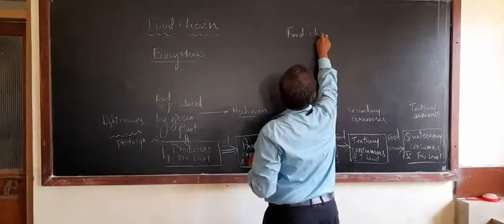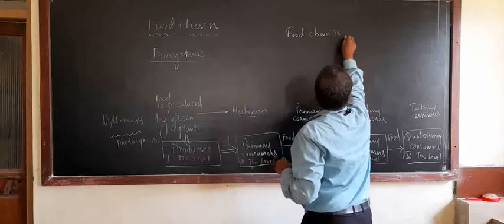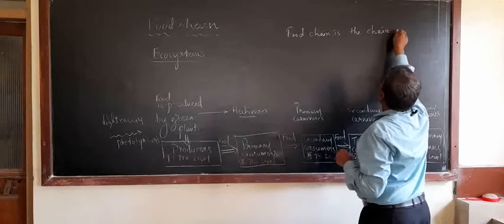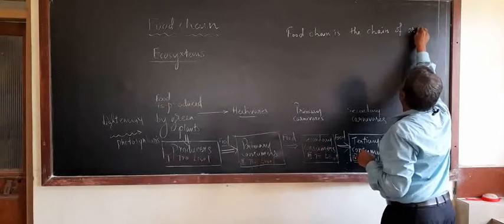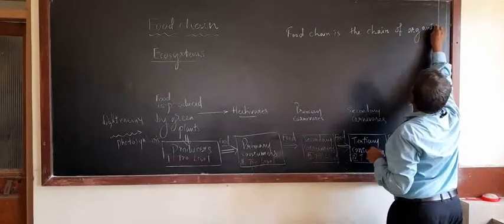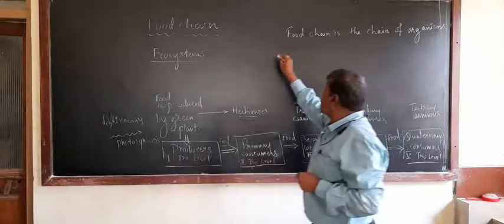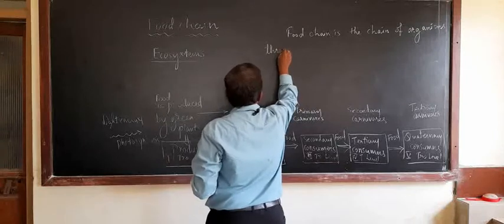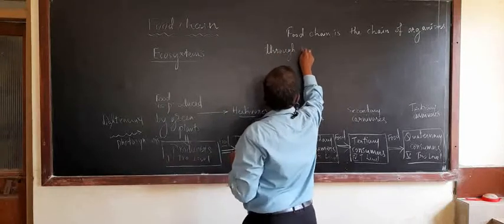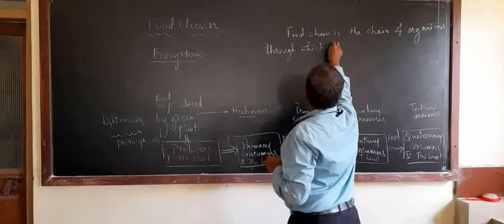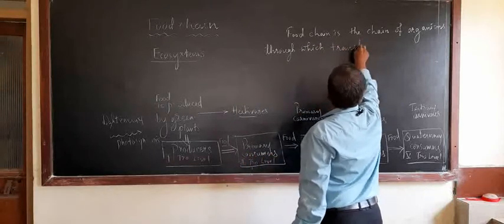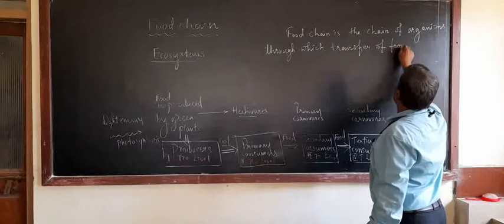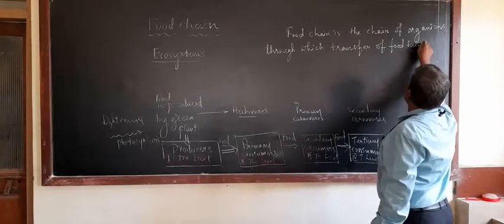Food chain is the chain of organisms through which transfer of food takes place.